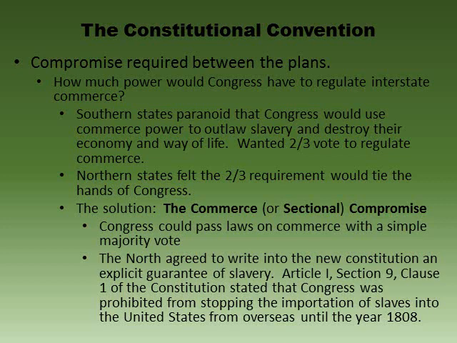Any slaves that were in America after that were probably born here, but up until that point, this was a guarantee of slavery. And so that gave the South something that it wanted to help bolster the institution of slavery. And in return, Congress could still pass laws governing commerce with just a simple majority vote. So that was the Commerce Compromise.